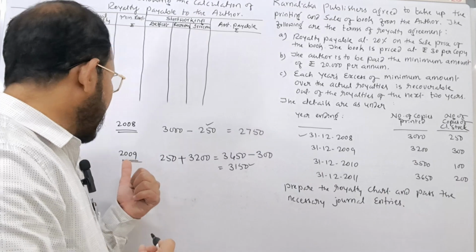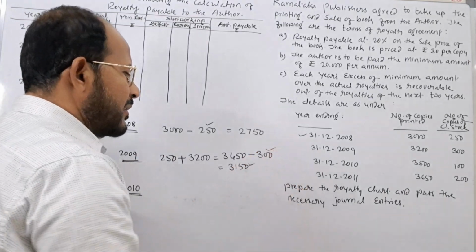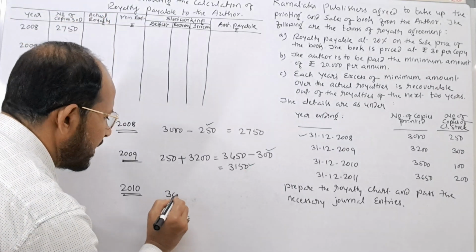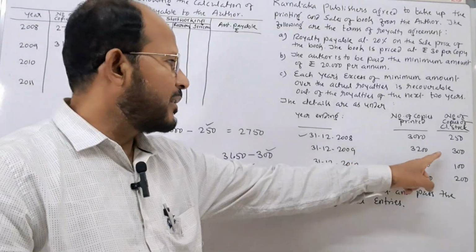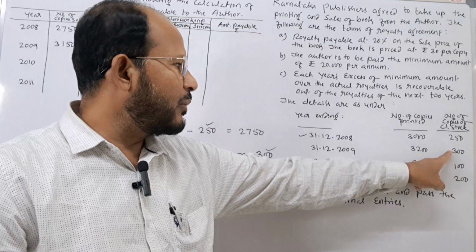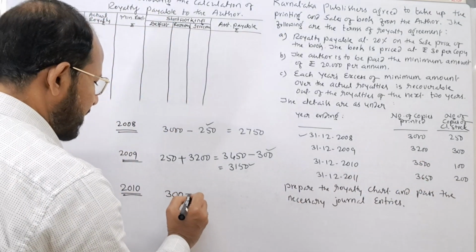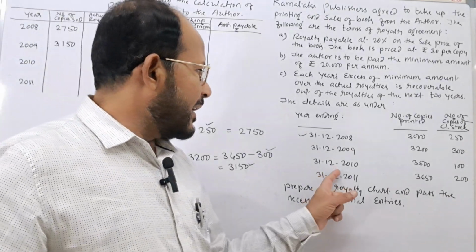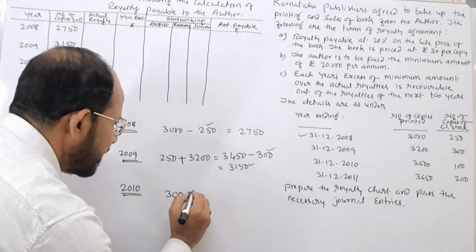Again, whatever the closing stock was in the year 2009, that closing stock will become the opening stock for the year 2010. 300 books were there in stock in the year 2009. That will become the opening stock for the year 2010. Plus, we have to see the books printed in the year 2010. 3,500 books were printed.